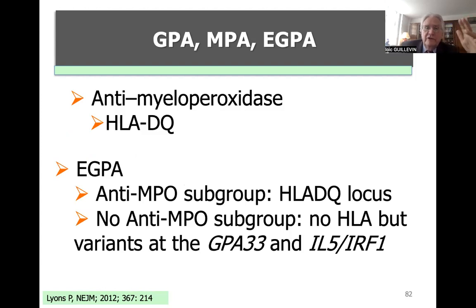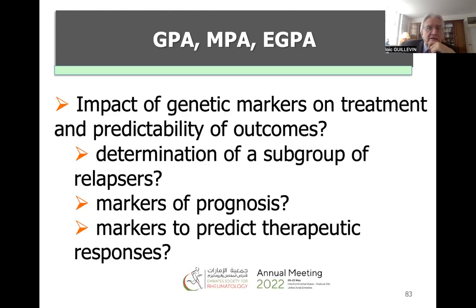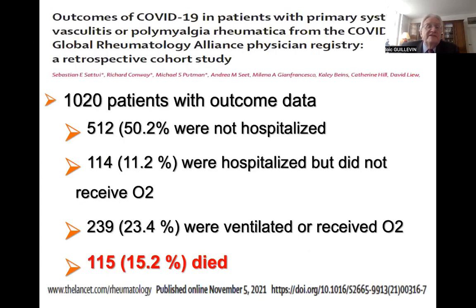But who knows what will happen later? Maybe we will have to divide the patients in subpopulations according to HLA groups, for instance, some genes, to have a better choice of treatments. We don't know. The impact of genetic markers, maybe the determination of subgroups of relapses, markers of prognosis, we don't know, but we have to look at that.